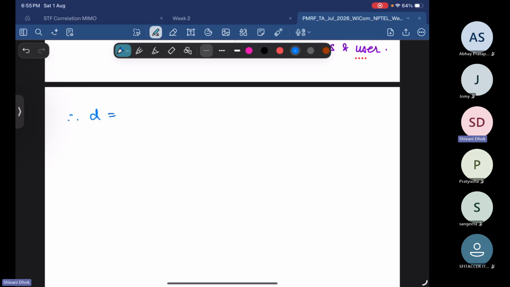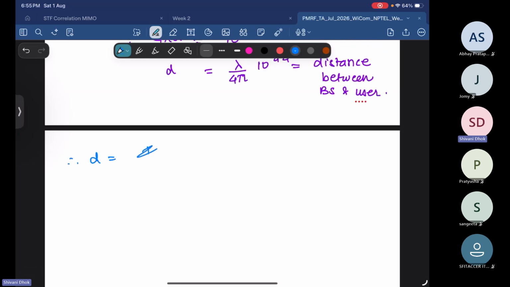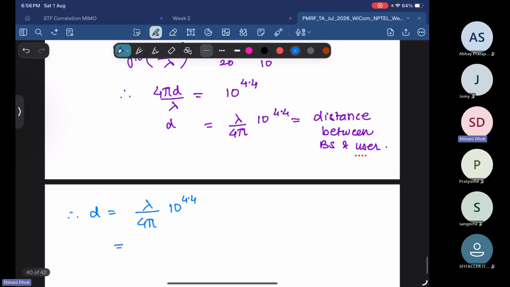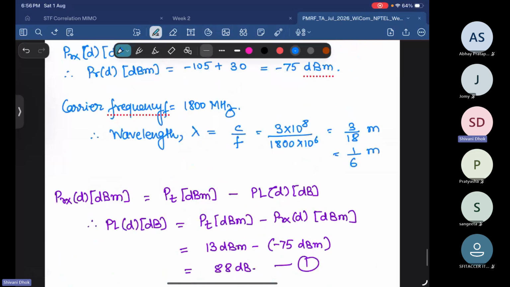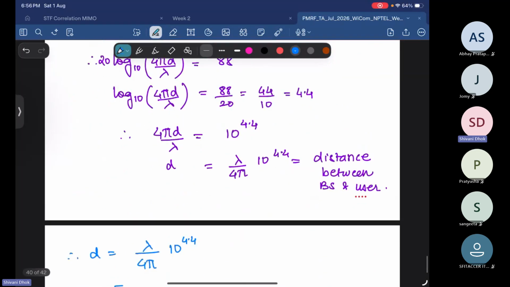Therefore, d is equal to, sorry, we'll just repeat the formula. Lambda upon 4 pi, 10 raised to 4.4. So lambda was what? Wavelength. And wavelength we had obtained as 1 by 6.